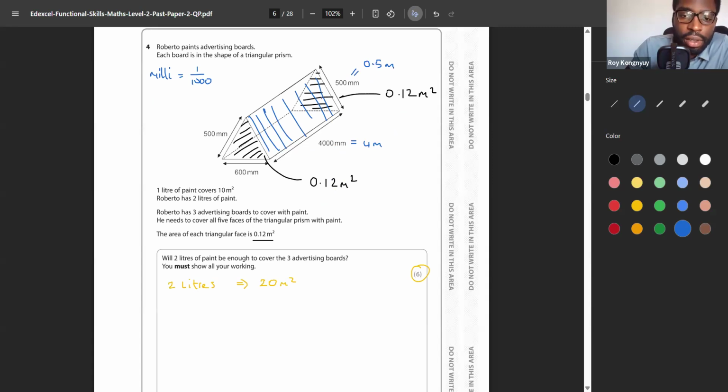That's an area of 2 meters squared for each of these faces. Now, there's 3 of them, so that's 2 times 3, 6 meters squared. Now, 6 meters squared plus these 2 triangular faces, what's that going to be? Let's see.